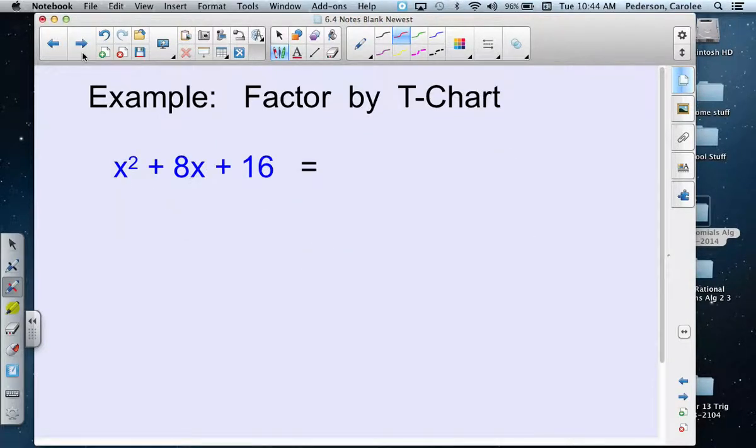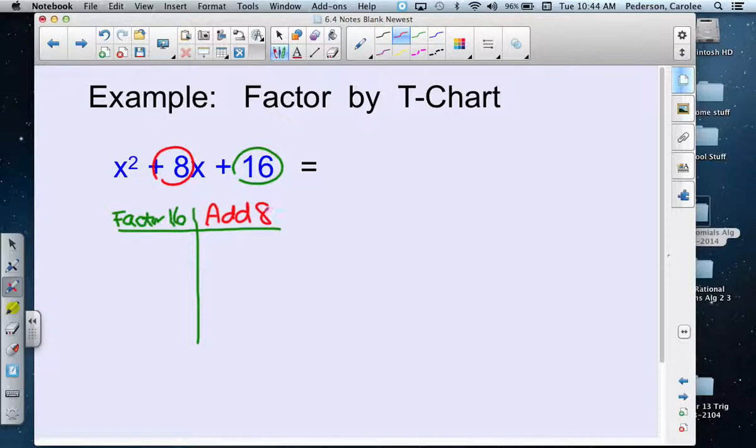The second example in this video is review of the t-chart. You can use the t-chart when you have 3 terms and your leading coefficient is 1. So you make a chart and you say, what are the factors of C, which is 16, that add to B, which is positive 8. So you list all the factors of 16.